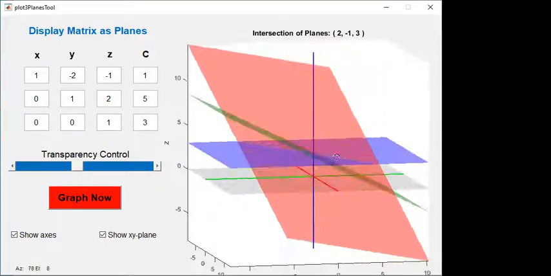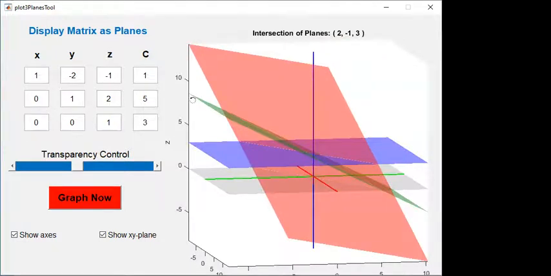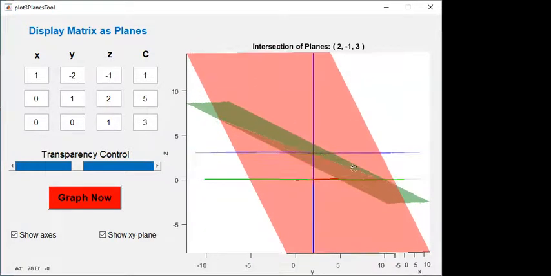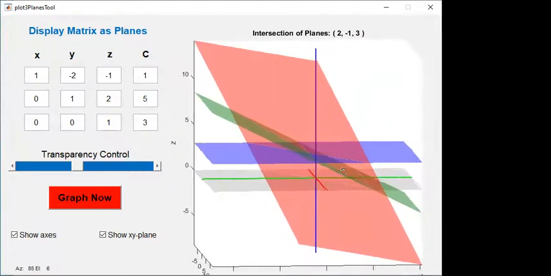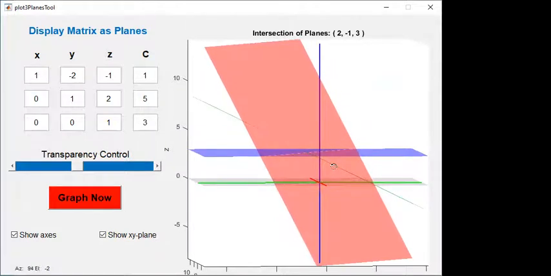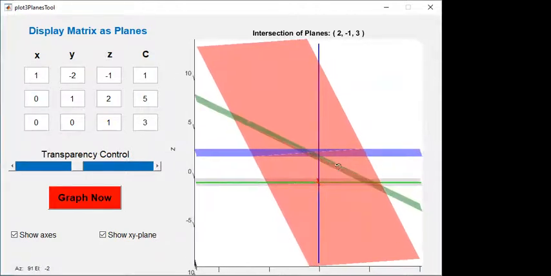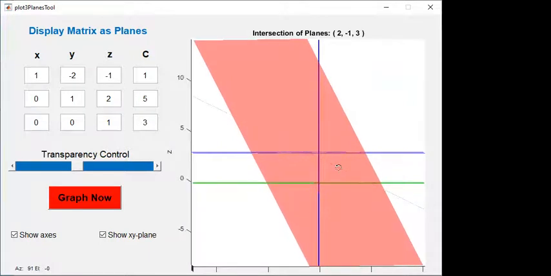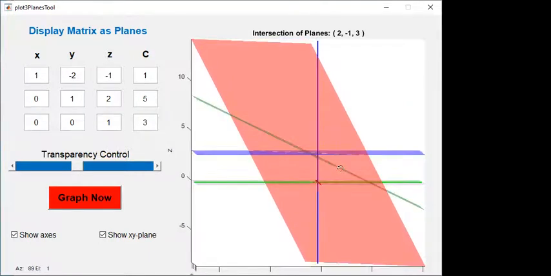All right. Then when we look at the second row, it has a 0 in the x column. So we need to be parallel to the x-axis, but we'll have an equation in the yz plane. So what does that look like? Well, that would be the green, because it goes red, green, blue. That's the green plane being represented. And you can see that if we look at it kind of head on in the x direction, the red axis is pointing almost out of the page at us, we get a line in the green axis and blue axis plane.